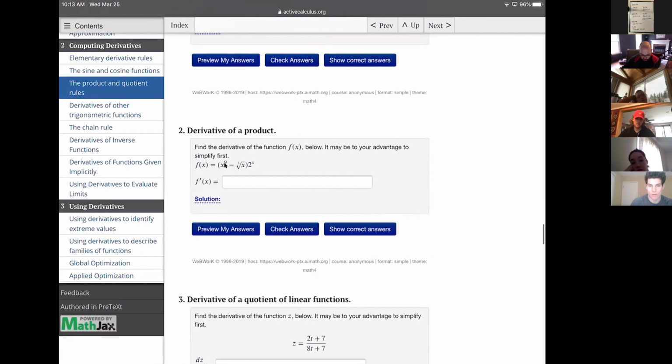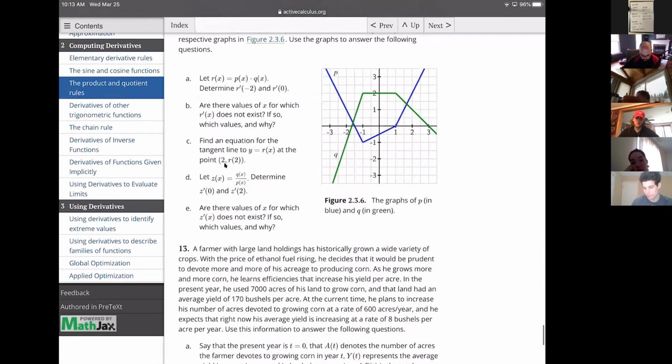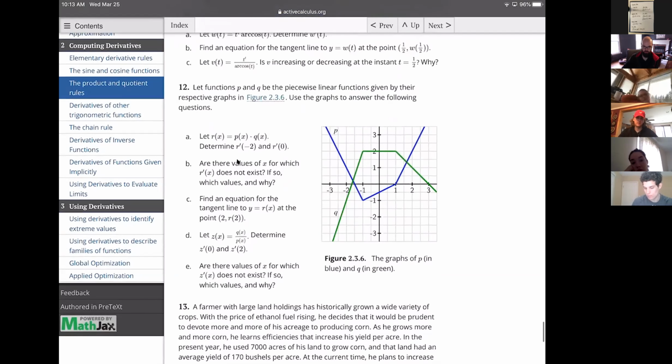And then try to look at an example down here, this example 12. So if you could think through those, when we come back on Friday, I'll make a note that we'll take a bit of time to field any questions on that, and then we're going to move on to derivatives of the other trigonometric functions. So we're going to move on to section 2.4.